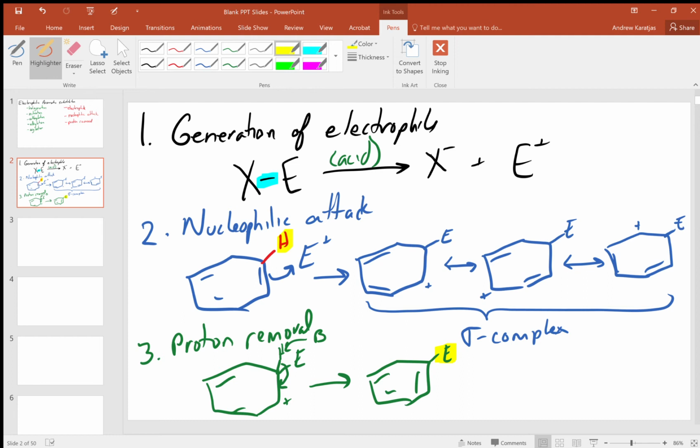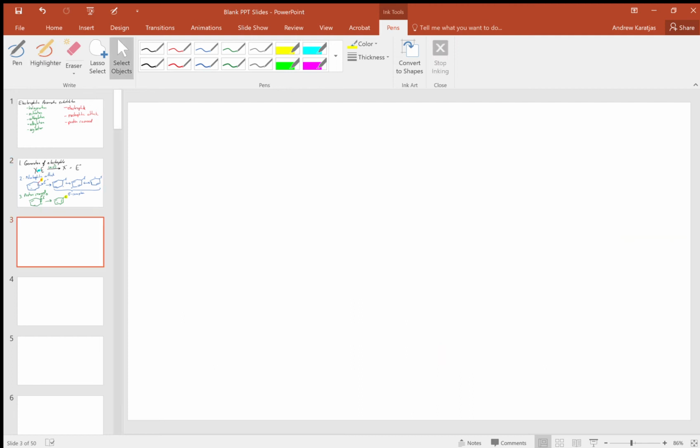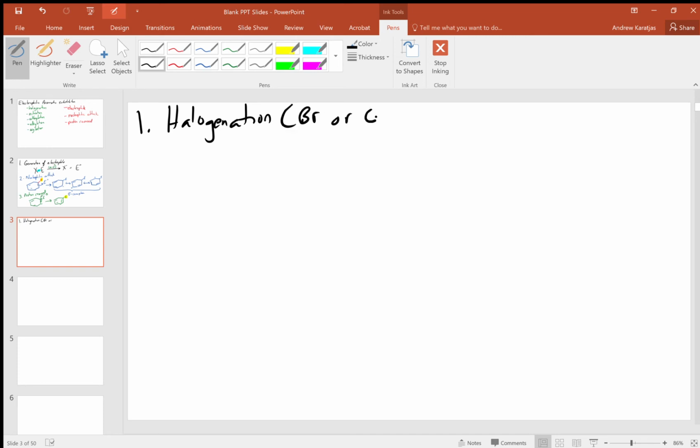So now we can start looking more specifically at some of these reactions. And the first one we're going to look at is the halogenation. And while we label this as halogenation, realistically, this is for bromine or chlorine. This reaction does not work well for iodine.